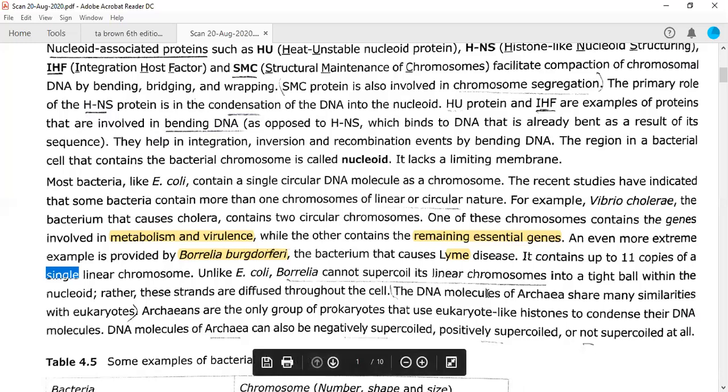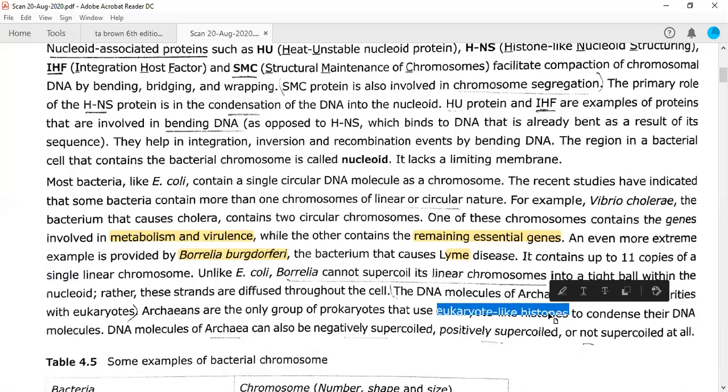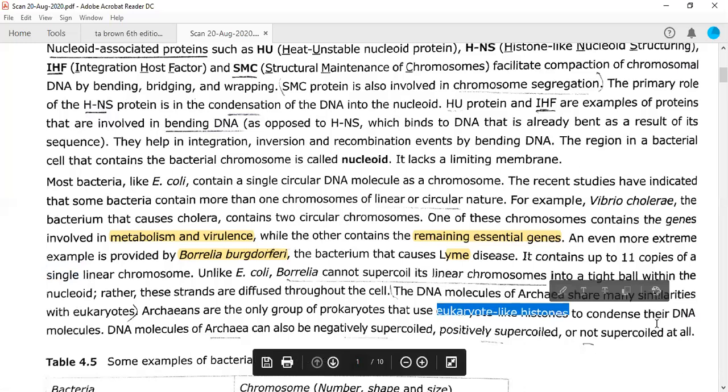For example, archaea are the only group of prokaryotes that use eukaryote-like histones to condense their DNA molecules. So these archaebacteria have histone-like proteins which help the condensation of their DNA.